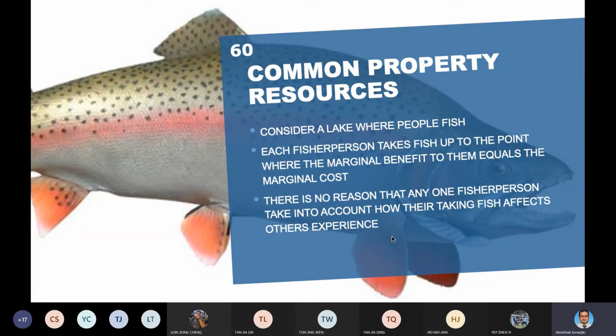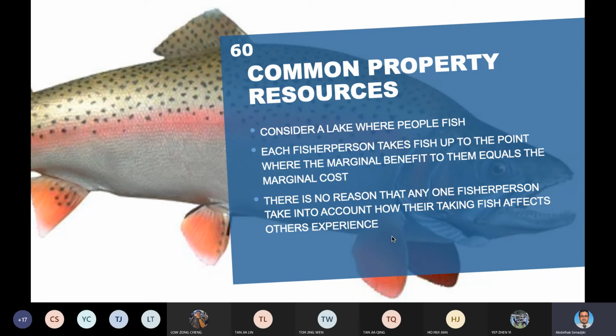So we consider a lake where people fish. Each fisherman takes fish up to the point where the marginal benefit to them equals the marginal cost. For example, if I go to Kampala Lake, my marginal cost is my time. So I fish until my marginal cost equals the marginal benefit of that fish.